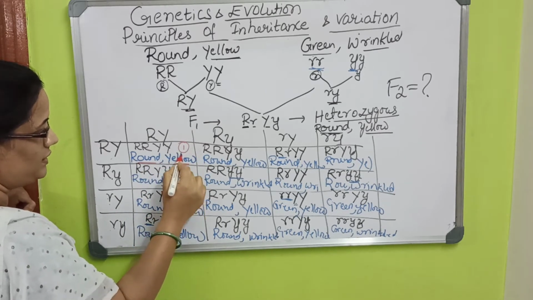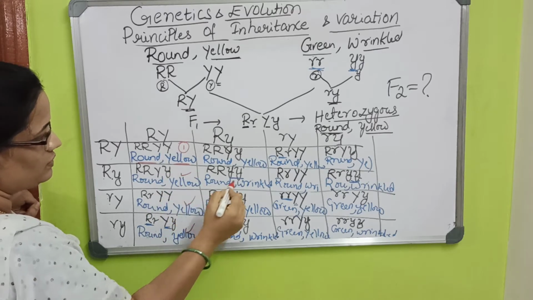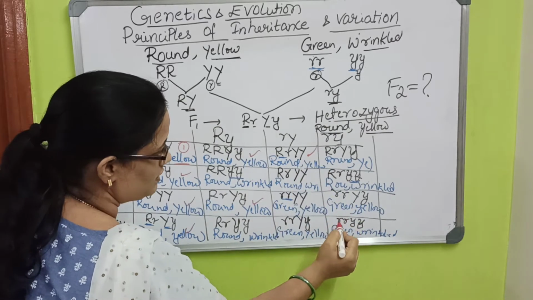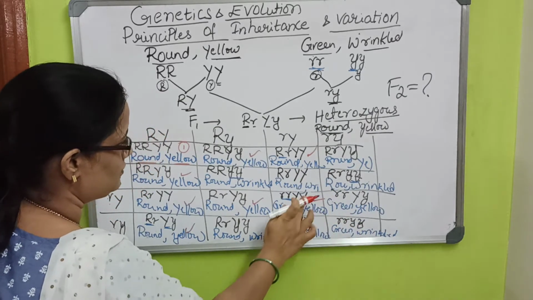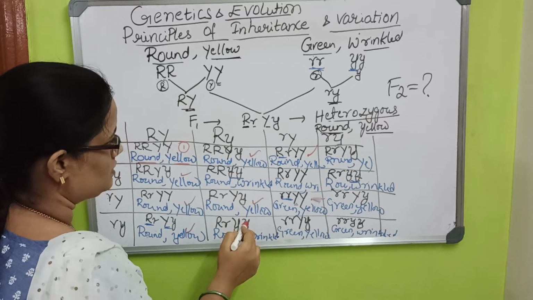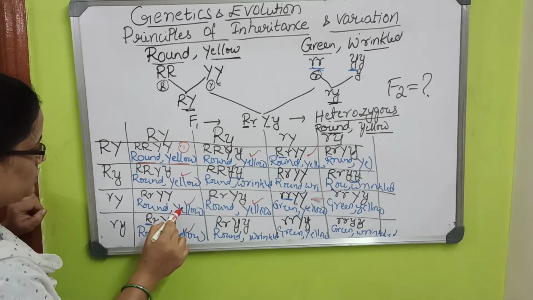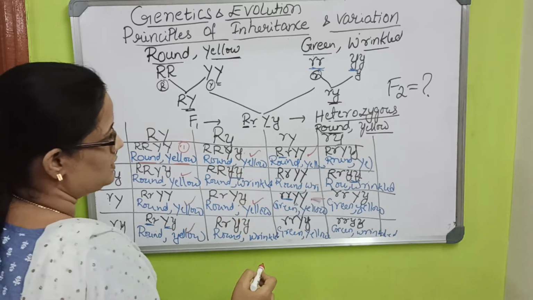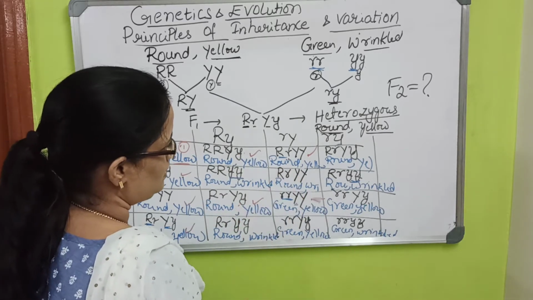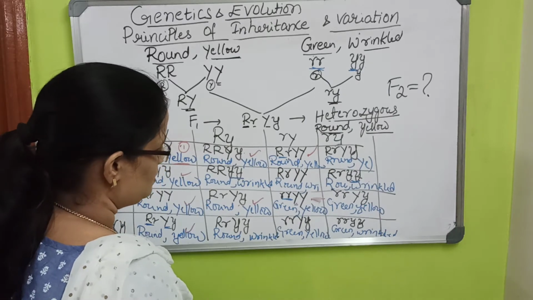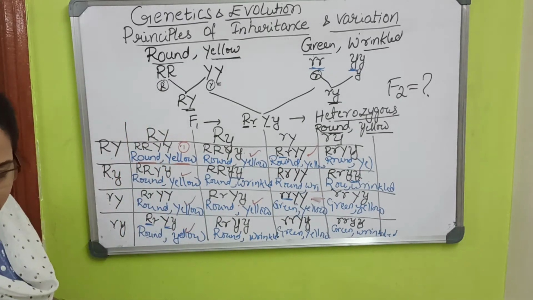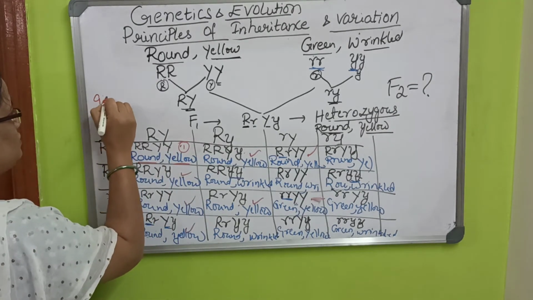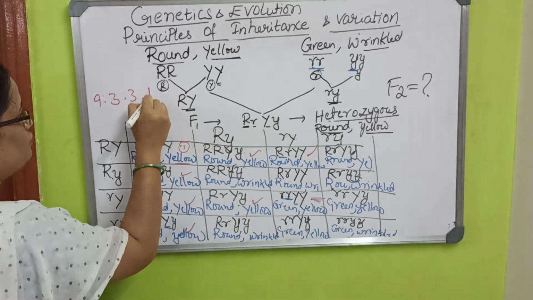How many? 1, 2, 3, 4, 5, 6, 7 and 8. No. 1, 2, 3, 4, 5, 6, 7 and it will come totally 9. Round and yellow will come 9 is to 3 is to 3 is to 1.